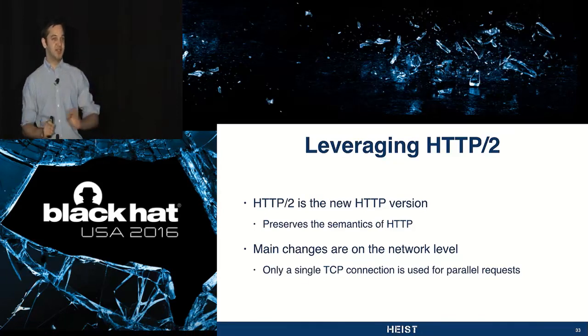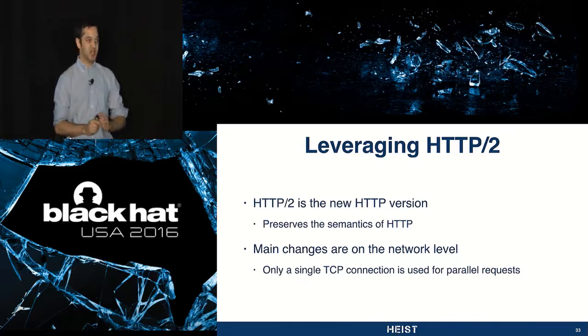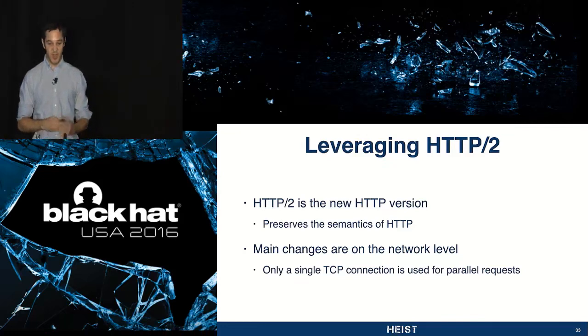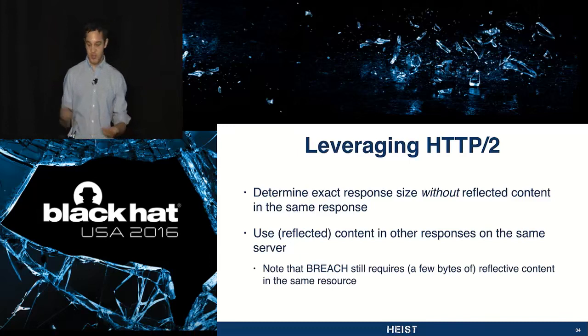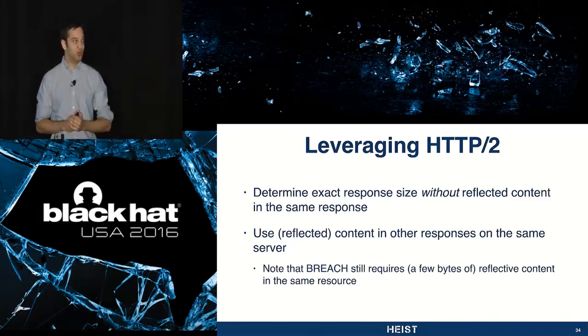However, this single TCP connection can be used to send multiple parallel requests to the server. And we can abuse this way HTTP2 works to improve our attacks. How we're going to do that, I'm going to explain in the next slide.